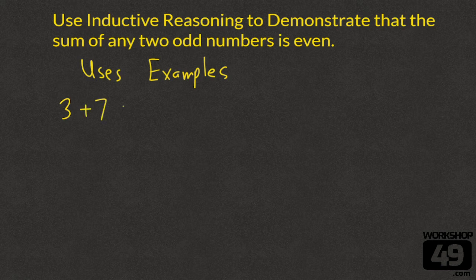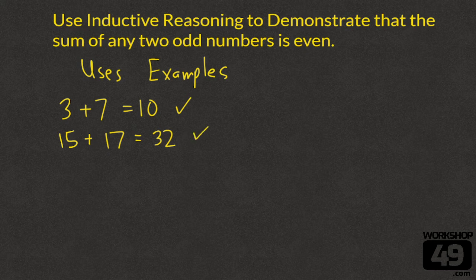3 plus 7 equals 10. That checks out. 15 plus 17 equals 32. Okay, that checks out. Negative 5 plus 17 equals 12.